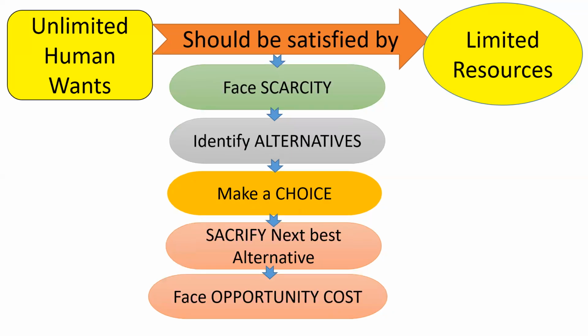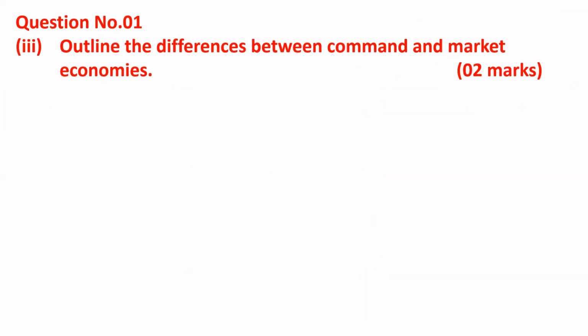Part 3. Outline. Here, outline. When they ask to outline, it is just a comparison of market economy and command economy. You just compare points, no need to explain. The question has outline, present, what.